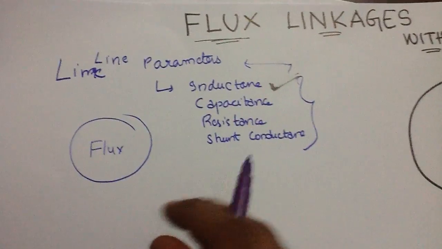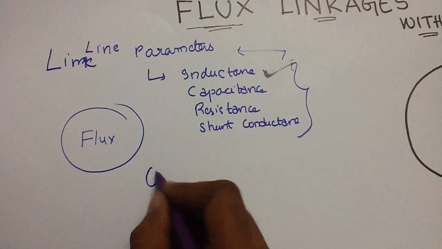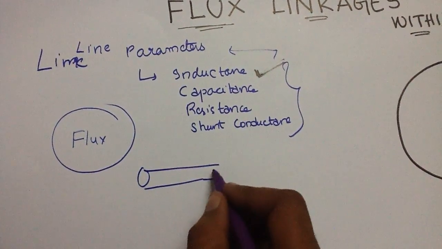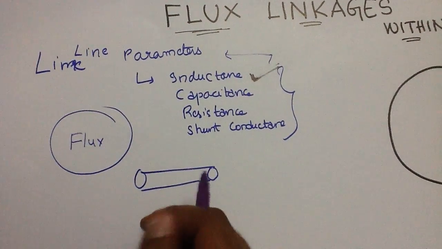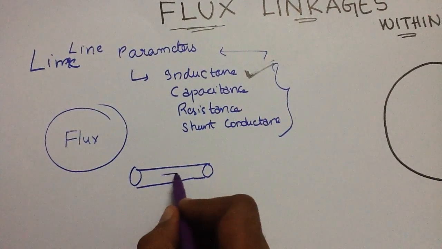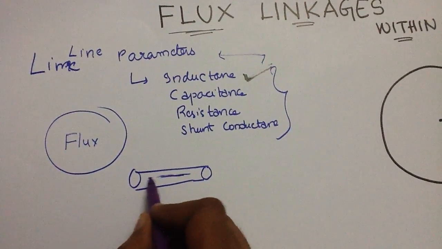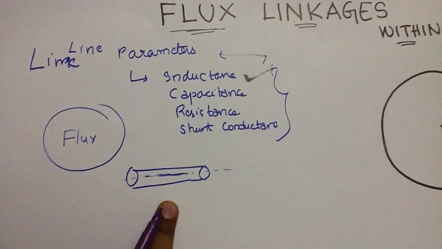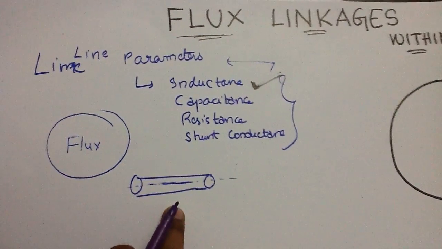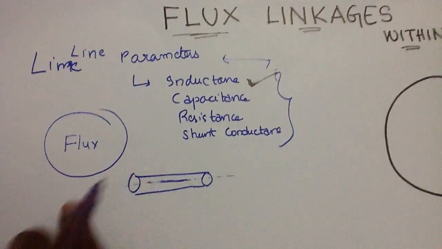Now flux in any current carrying conductor can be due to different things. The flux can be due to its own current, or it can be due to an external conductor.